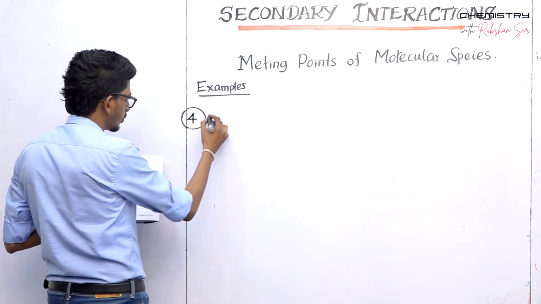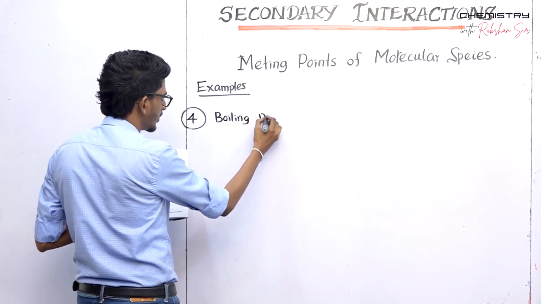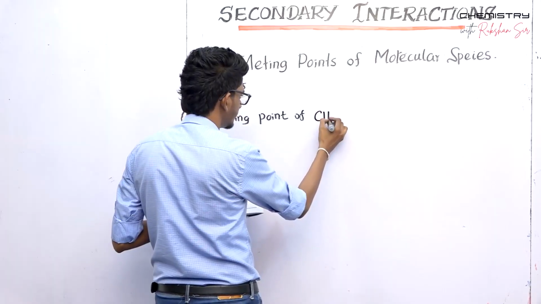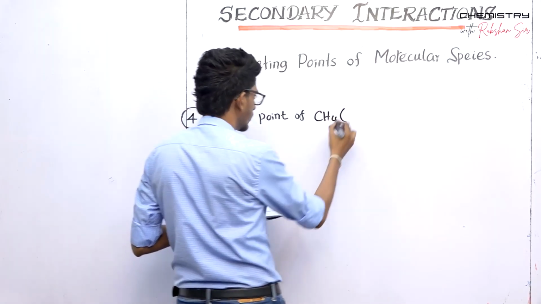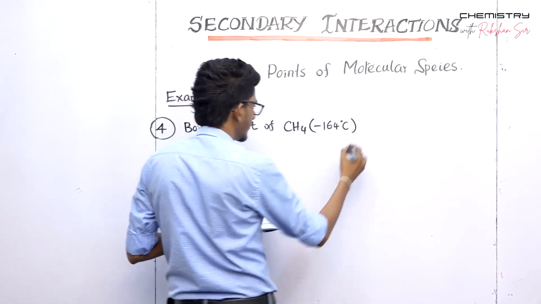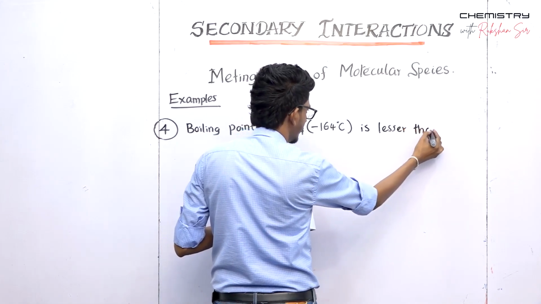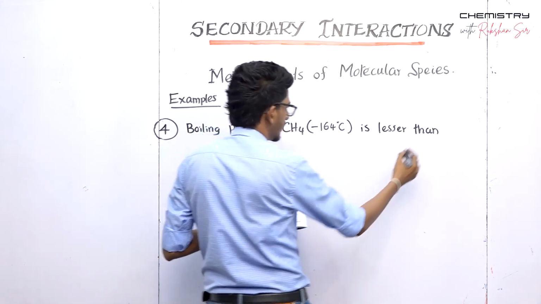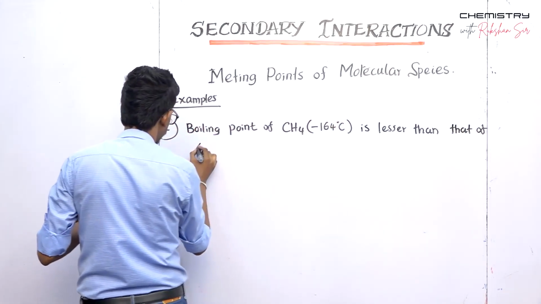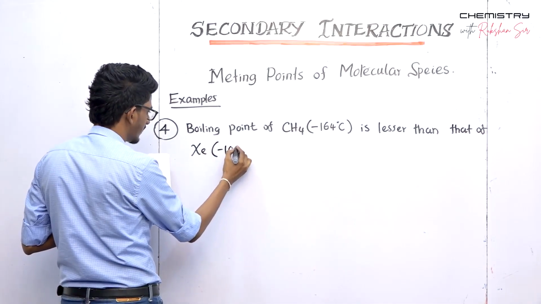The boiling point of CH4, which is minus 164 Celsius, is lesser than that of xenon, which is minus 108.